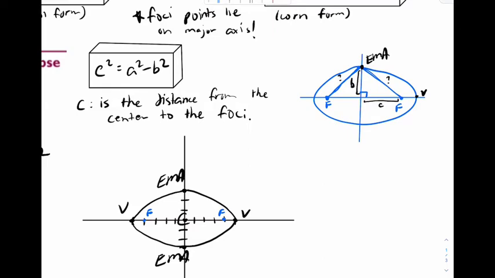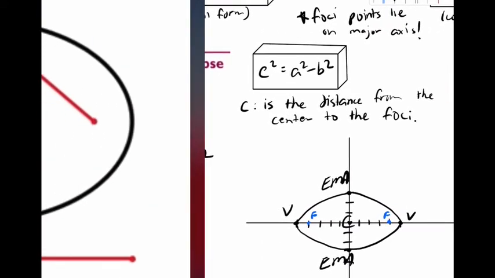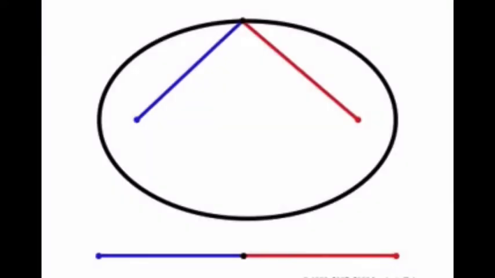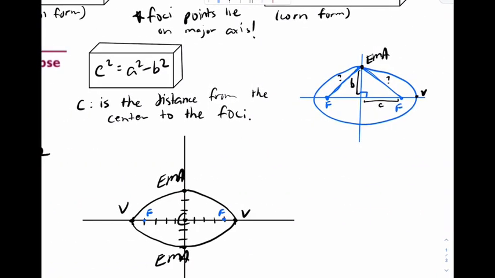But since it's in the middle, I know that these two things are the same value. So I'll put question mark, question mark. But look back at the video here. The two lines add to the entire thing, which means the question mark plus the question mark equals the length of the major axis. And the major axis is this whole distance.